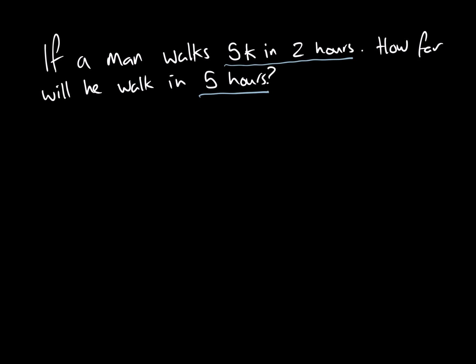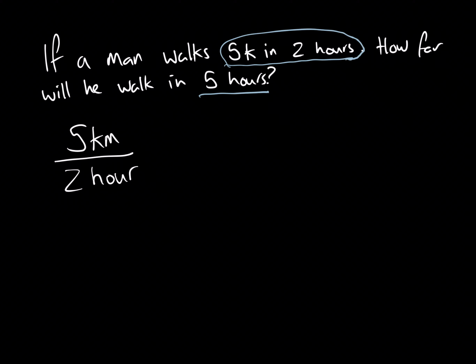So the first thing we need to realize is that the key information we're looking for is this unit rate first. We need to make this into a unit rate. So we have 5 kilometers, and that's in 2 hours. So when we simplify this to get the unit rate, we see that he walks 2.5 kilometers in 1 hour. Right, that's the first step.